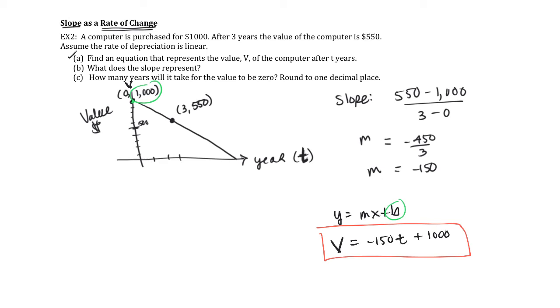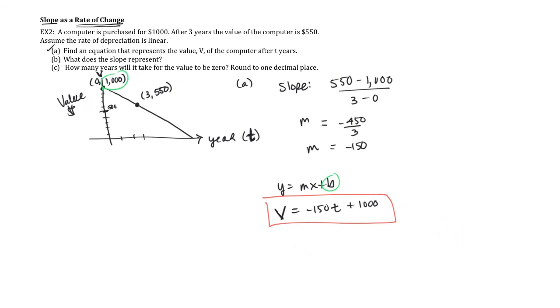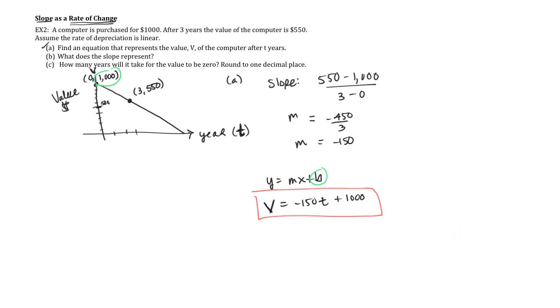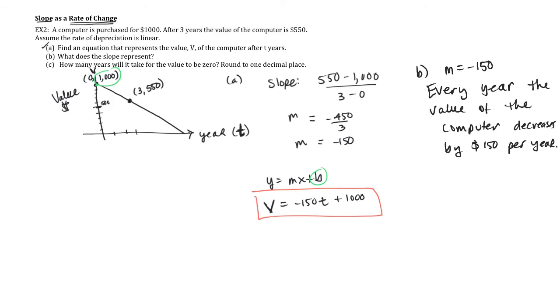So that's part A. B, what does the slope represent? That represents the change in value. So every year the value of the computer decreases by $150 per year. And then C, how many years will it take for the value to be 0? Well, I'm going to plug 0 in for v, and then solve for t.